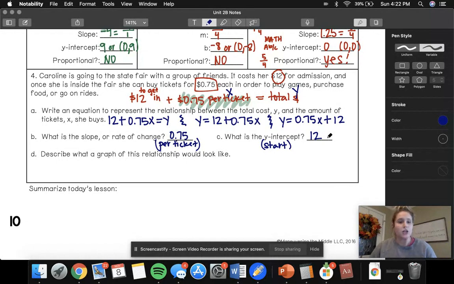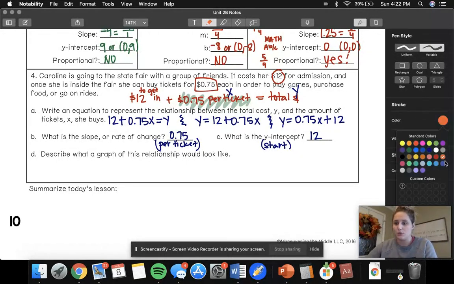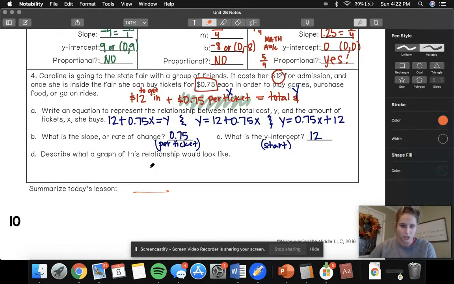Okay? Describe what the graph of this relationship would look like. Okay, so we know for sure, I'm just going to kind of draw a rough little sketch. Okay, we know for sure that she is going to have to pay $12. So her start is going to have to be at $0 tickets, so I'm going to say that that's 12 right here. Okay.